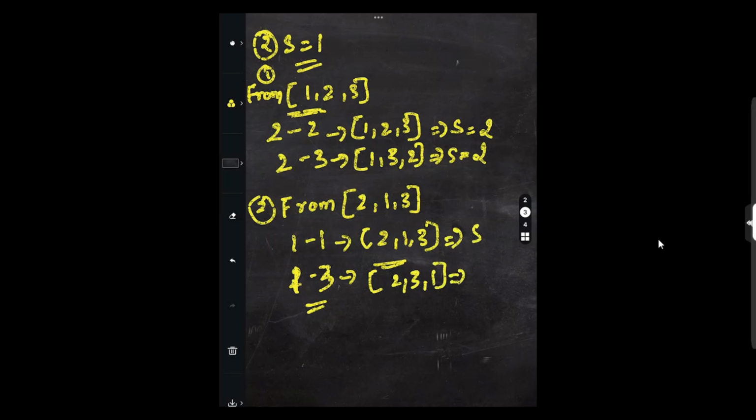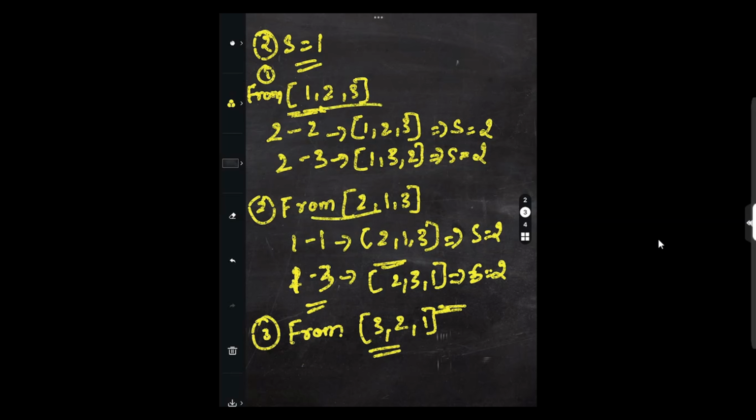So this is the second step, we'll be moving to s equals 2, right? Within the second step, the third thing here is from 3, 2, 1 we have to consider. Why are we considering 1, 2, 3, then 2, 1, 3, and then 3, 2, 1?